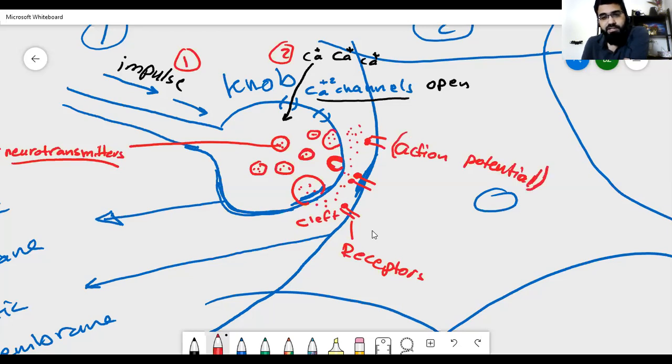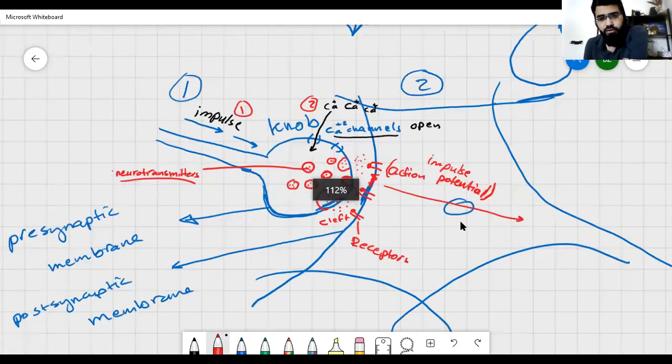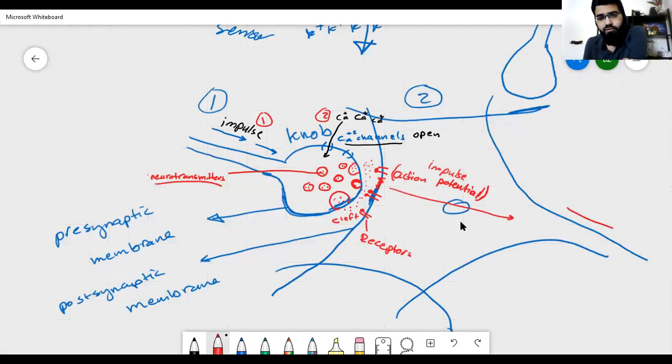And you know the action potential is the impulse, right? Then this action potential moves along the neuron, to the axon, and continues toward its terminals.